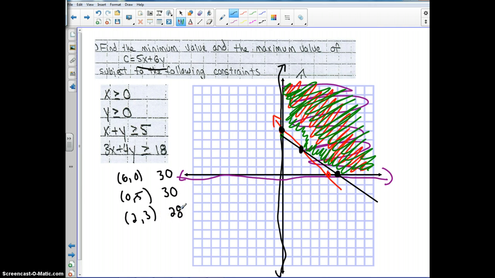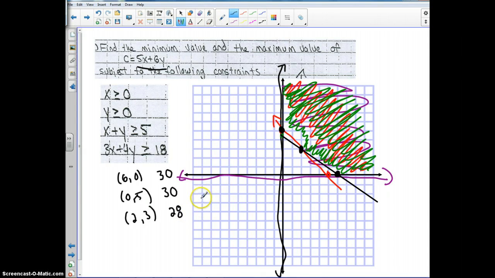Now, when I have unbounded regions, I will either have a minimum or a maximum value. How do I figure out if it's going to be a minimum or maximum? What I do is I just choose a point. I'm going to just choose like the point 10, 10. 10, 10 is in my solution area. Okay? And I want to see, are these values smaller than that value in my feasible region, or is it bigger than it?